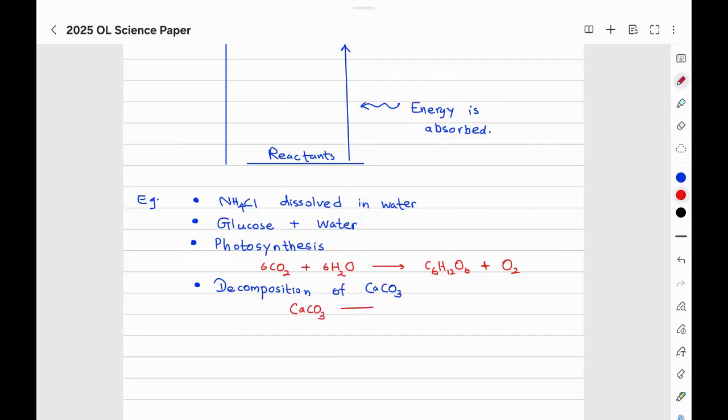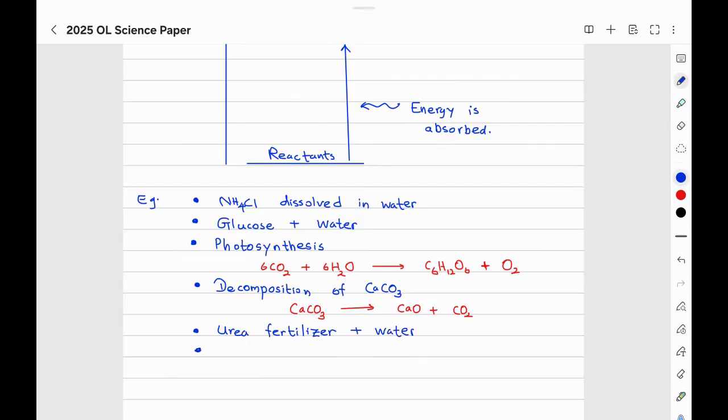Decomposition of calcium carbonate is also endothermic. Then urea fertilizer dissolving in water is also an endothermic reaction.